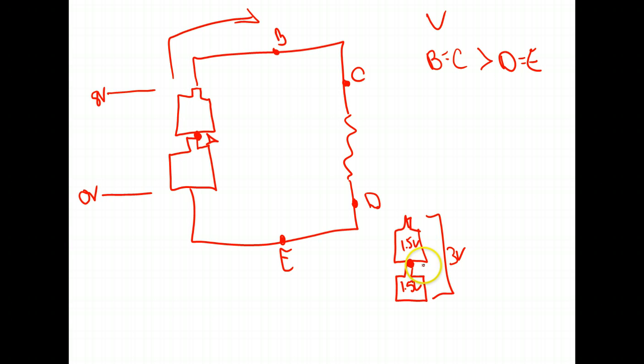It's 1.5. And so how does this value compare to the total that's coming out of both of those batteries? It's less than that. And so B and C are greater than A, but A is greater than D and E.